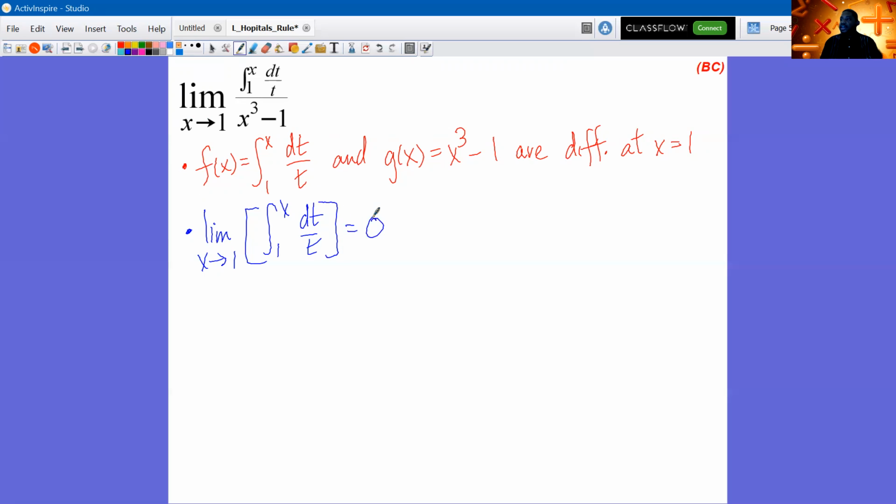The numerator is 0 because to evaluate this definite integral, you're going to substitute the 1, and you get the definite integral from 1 to 1 of dt over t, which is 0. Then substituting the 1 in the denominator, you get 0 as well. There's the indeterminate form. So now we can use L'Hopital's rule.